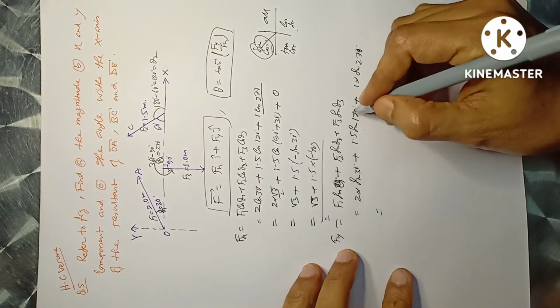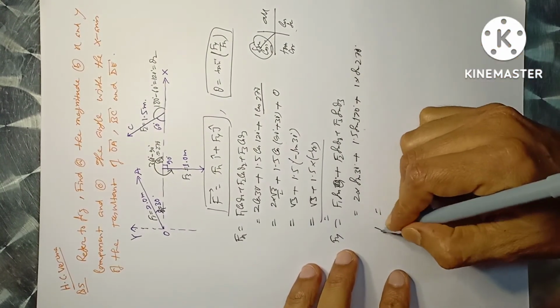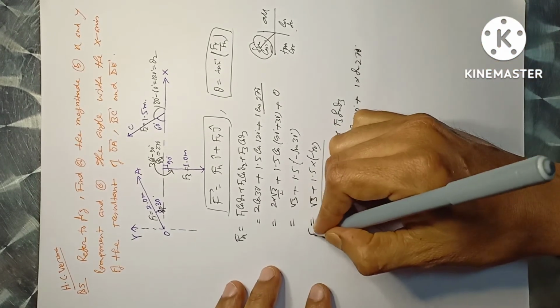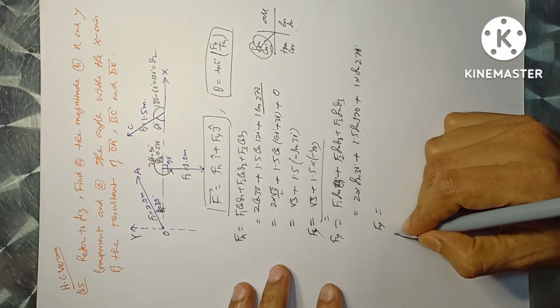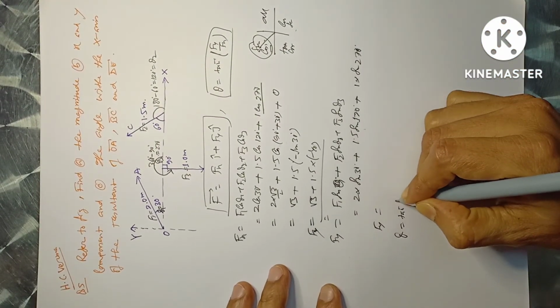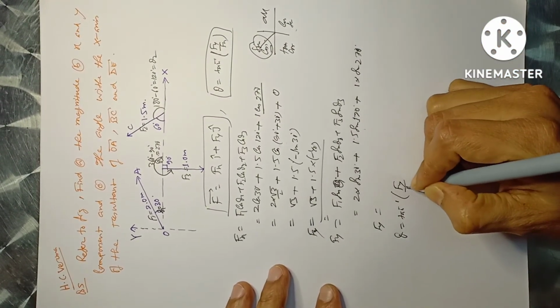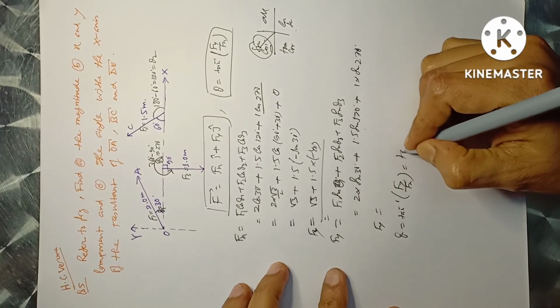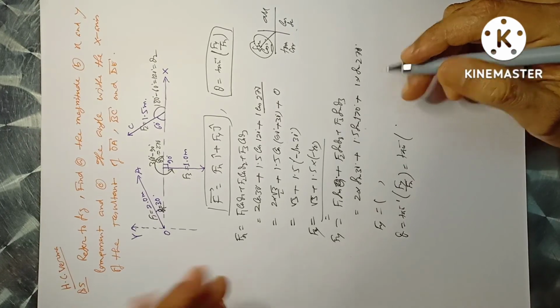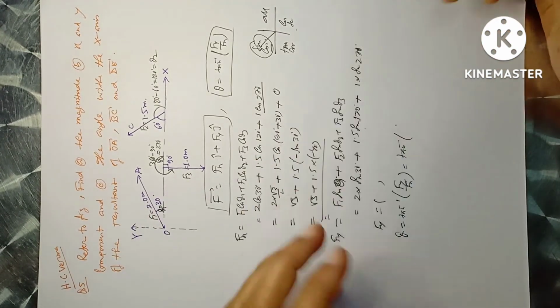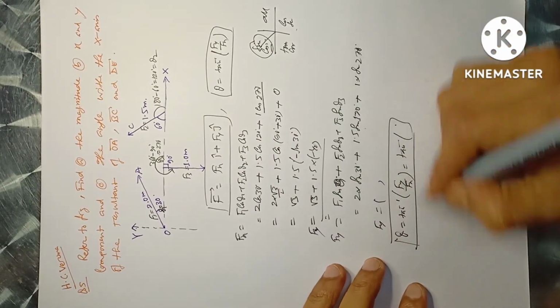So by calculating, we get fy. Then we get the angle theta: tan inverse fy by fx. By substituting the values of fy and fx, we get the answer theta.